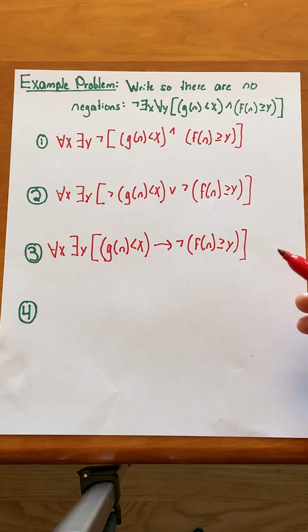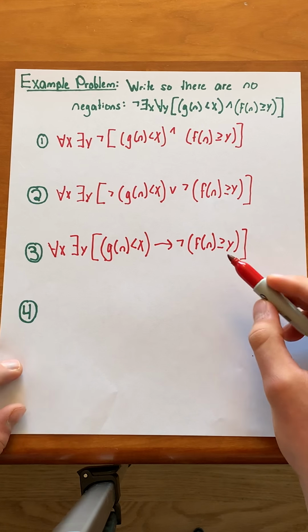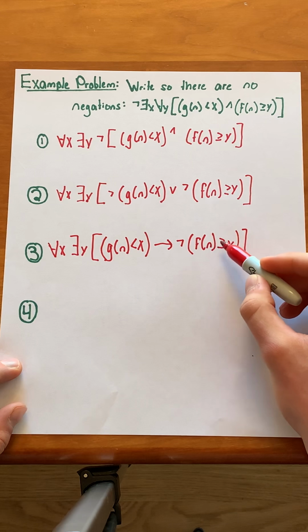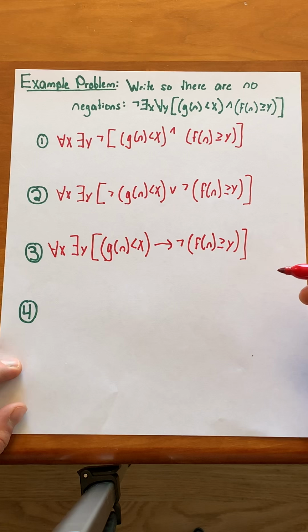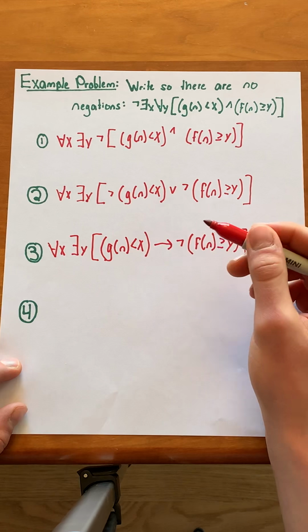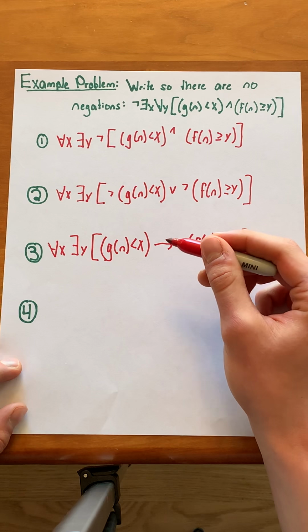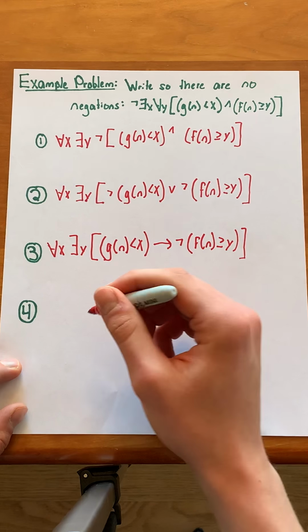Finally, we'll want to think about what that negation actually means. If it is not the case that f of n is greater than or equal to y, we're actually just saying that it is the case that f of n is less than y. Similarly, if we said it was not the case that g of n was less than x, for example, we might say, oh, g of n is greater than or equal to x.